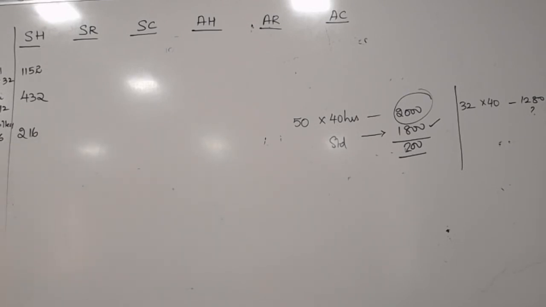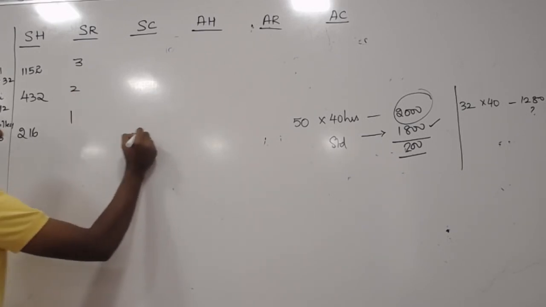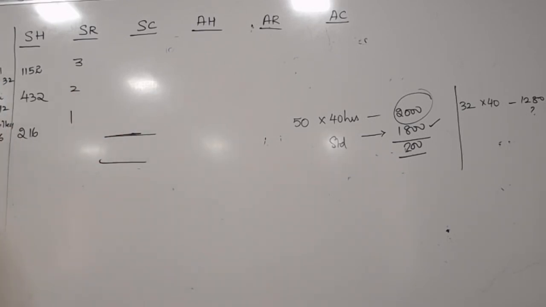Done. What's your standard rate? You know how to find standard cost. We'll come back to that later. Use your calculators and let me know later. Let's come to the actual hours.